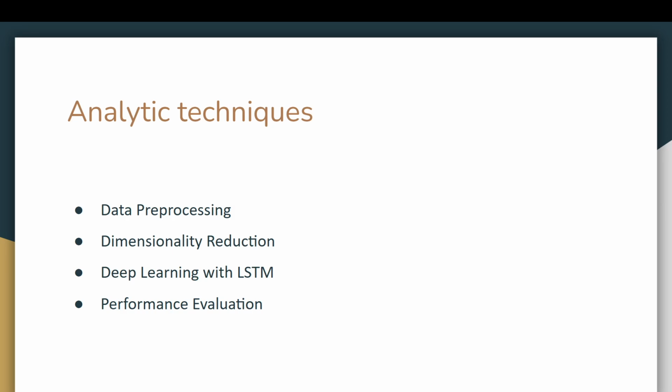The core analytic technique employed is the long short-term memory model, a type of recurrent neural network. LSTM is chosen for its ability to handle time series data and mitigate the vanishing gradient problem, allowing it to learn long-term dependencies effectively.